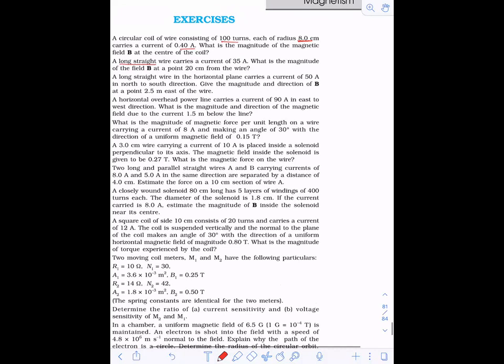The magnetic field would be given as mu naught into I divided by 4 pi r, within bracket, sine of phi 1 plus sine of phi 2. This is what we have.